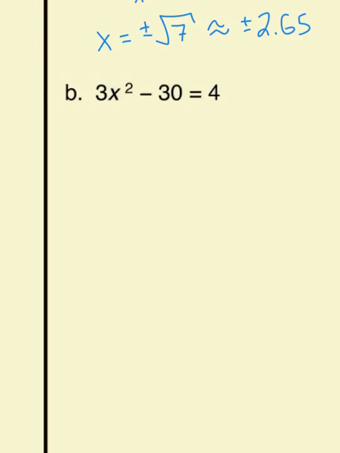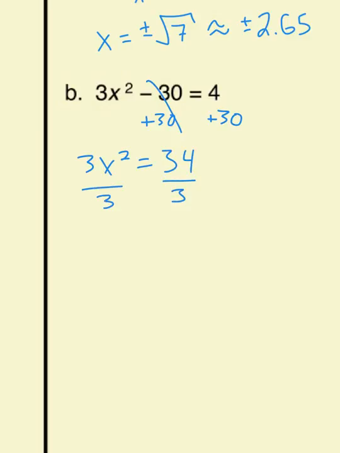All right, example B, we're going to start by adding 30 to both sides. We have to undo addition or subtraction first. So then I have 3x squared left over here. 30's cancel out. 4 plus 30 is 34. Then I need to undo the multiplication by dividing by 3. And I have x squared is equal to 11 1/3.